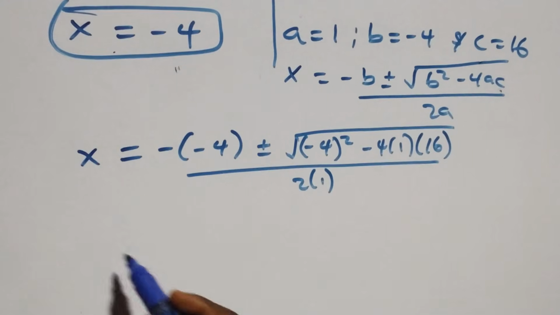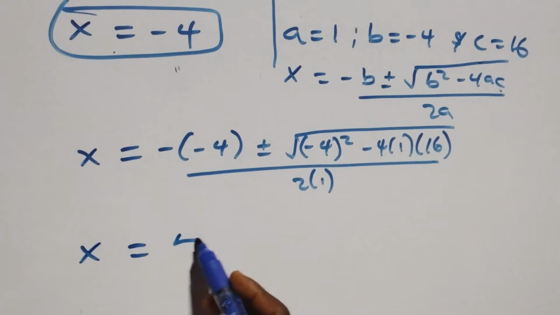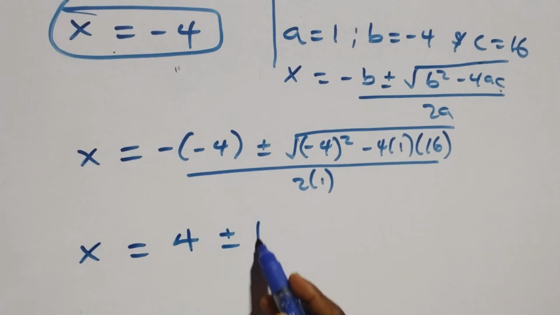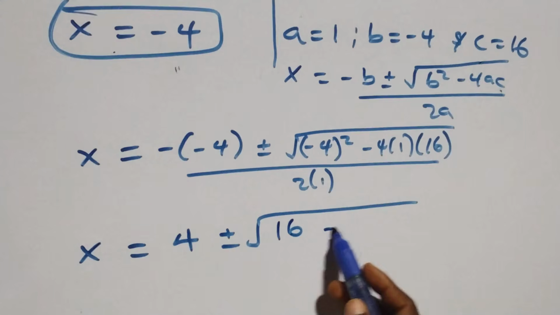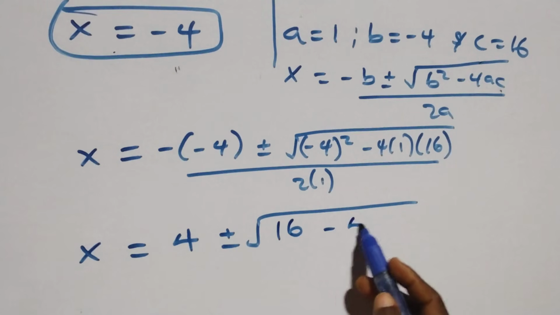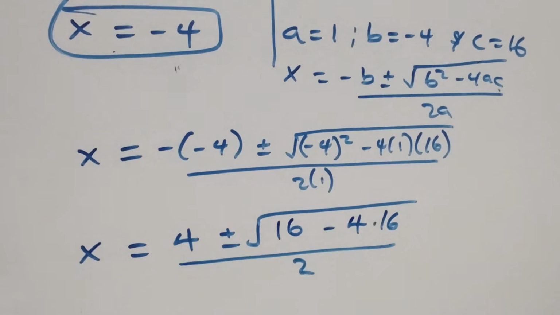That is, minus times minus is plus, so we have 4 plus or minus square root of minus 4 squared, that's 16, minus 4 times 1 times 16, the same thing as 4 times 16, all over 2.